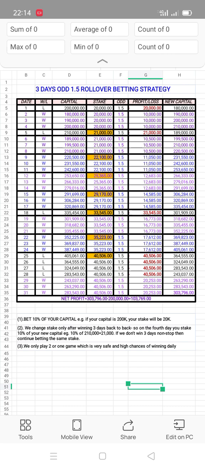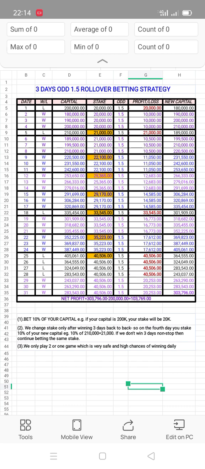It means we shall be playing odds of around 1.5, which are very safe, 1 match or 2 only. And 3 days rollover means we have to win 3 days non-stop before we change our stake. If we don't win 3 days non-stop, then we will continue staking the same capital.